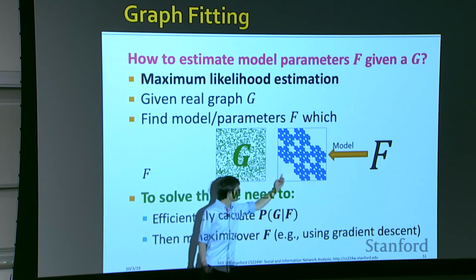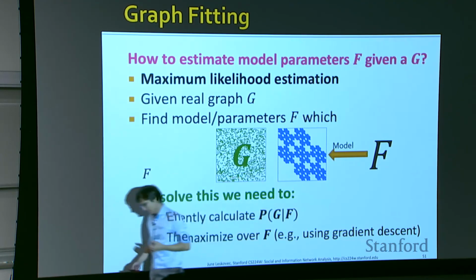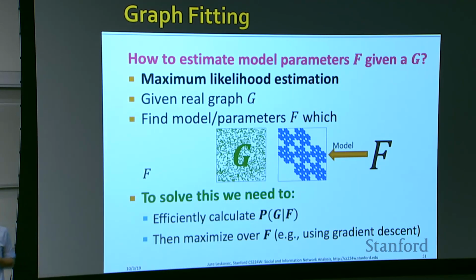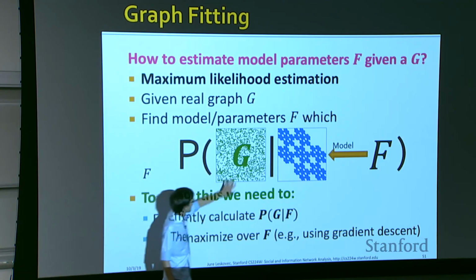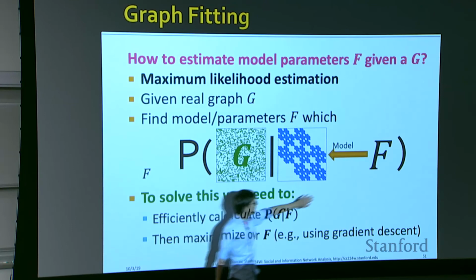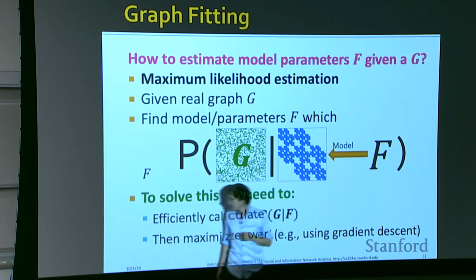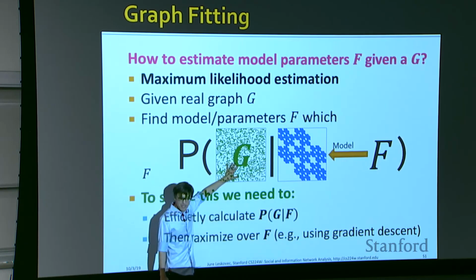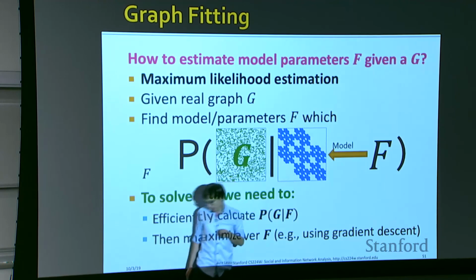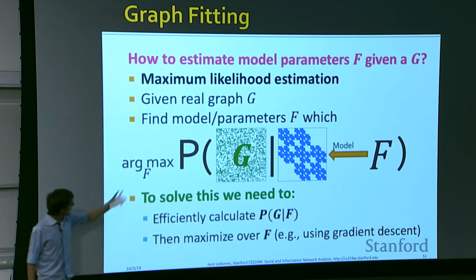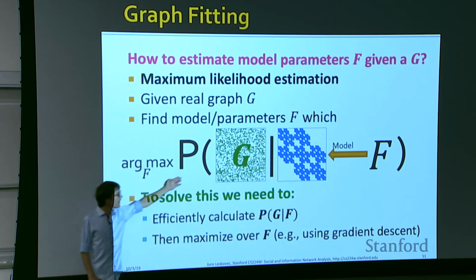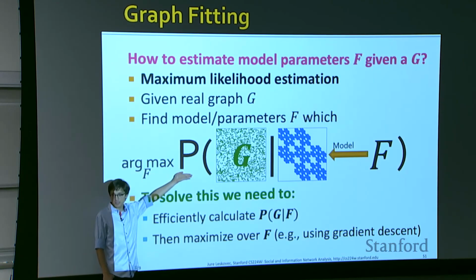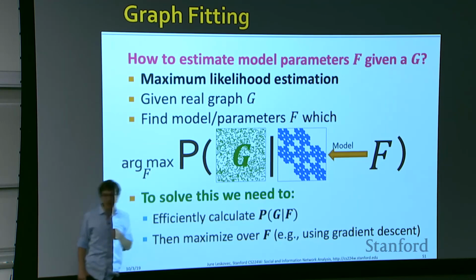So I need to define some kind of similarity here, and this similarity is called likelihood. The way we write it is, how likely is my graph given my model parameters? If I can measure the probability of my graph given my model parameters, then I can go over all possible model parameters and find the ones that are the most likely to have generated my real graph.